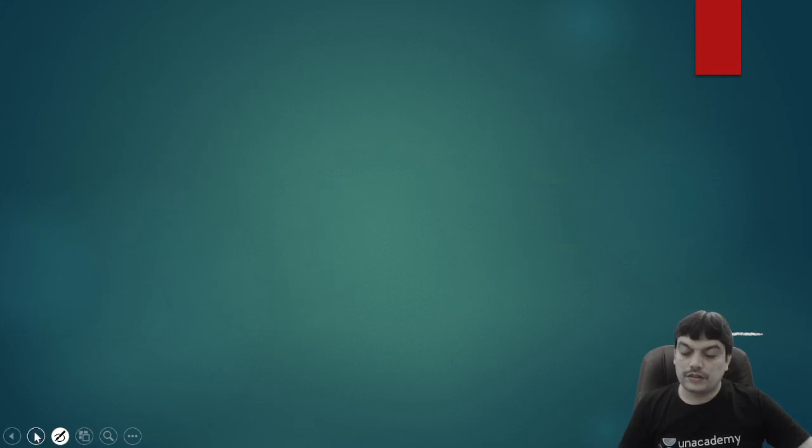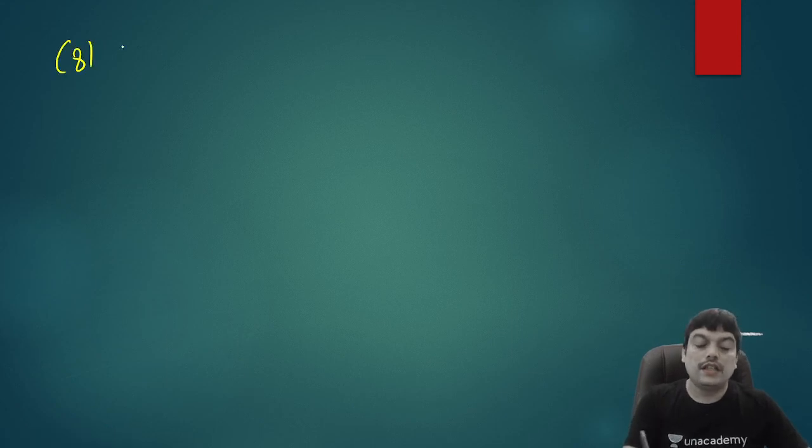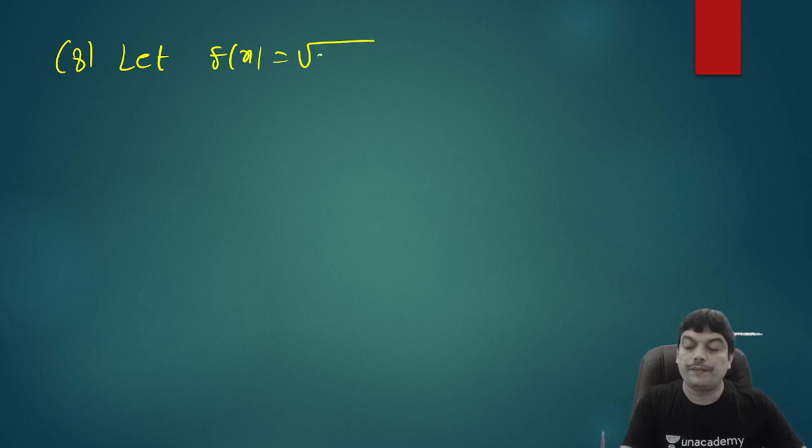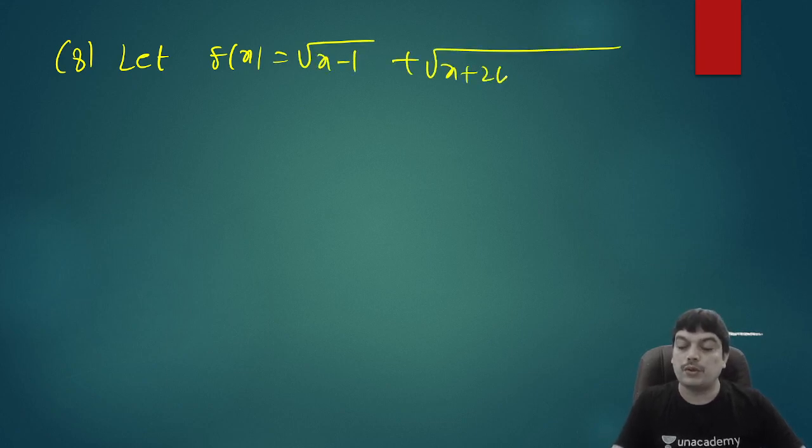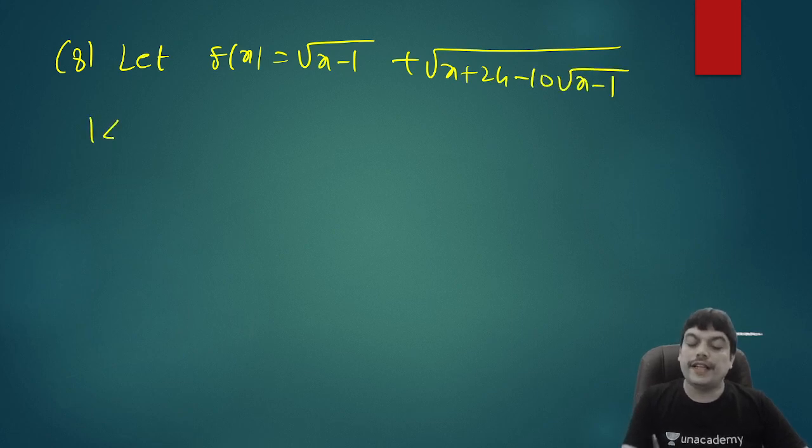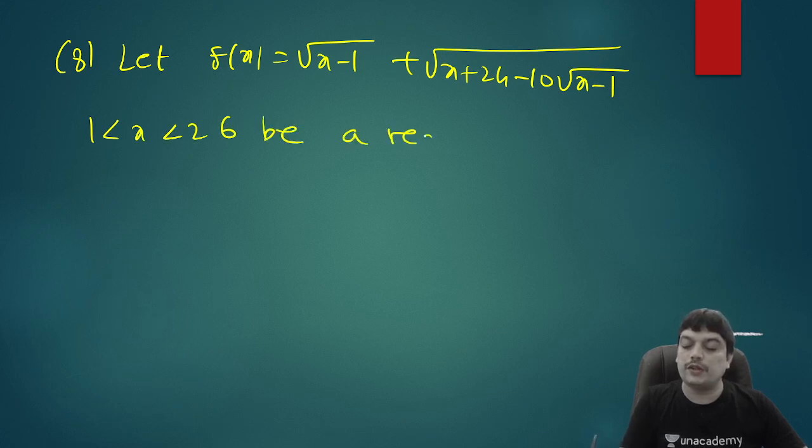Now let's move on to the next question. Let f of x be equal to square root of x minus 1 plus square root of x plus 24 minus 10 root of x minus 1. So this is the function given where x is between 1 and 26. You can say this is a real valued function.